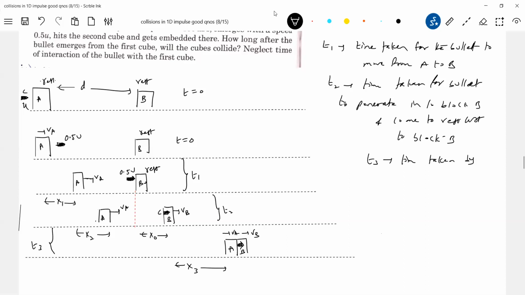Time taken by block A to move from this position, not the initial position, from a certain position, and to reach block B.